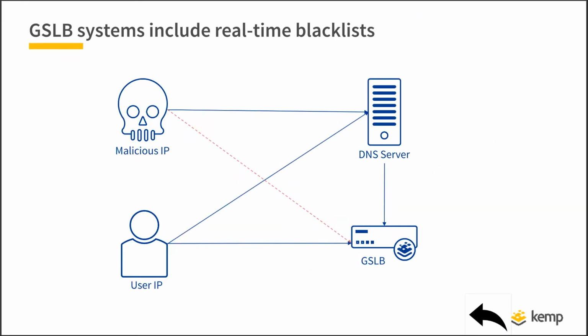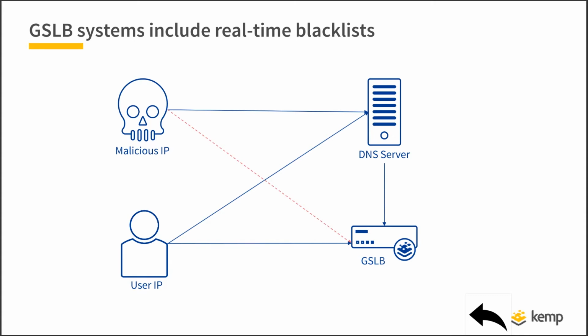So when we talk about the real-time blacklists and where they're effective and where they're not, the source IP of a GSLB or a DNS lookup is very different from the source IP of an application connection because of the nature of DNS. So when either a legitimate user or a malicious user does a lookup directly against the GSLB device, it will be able to see their IP address and respond accordingly.